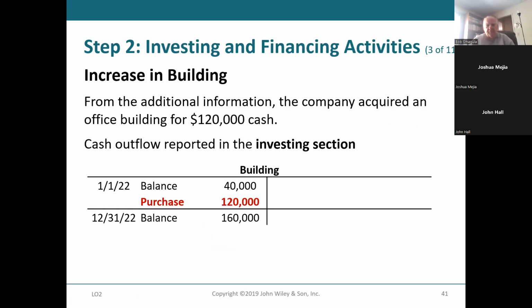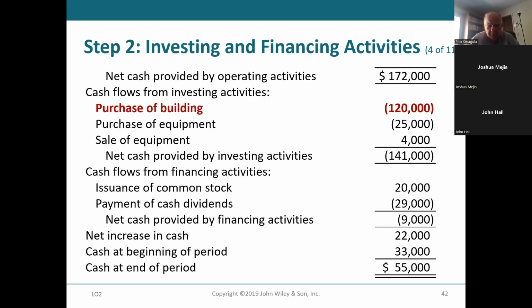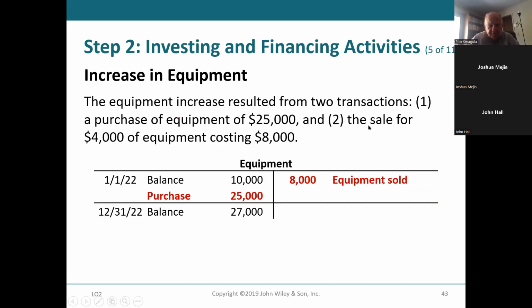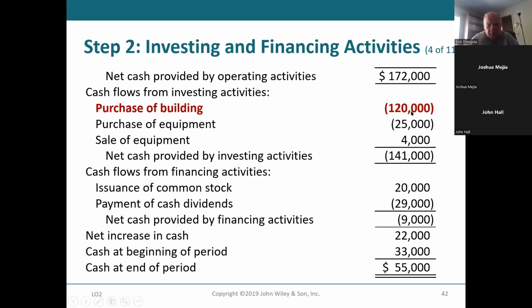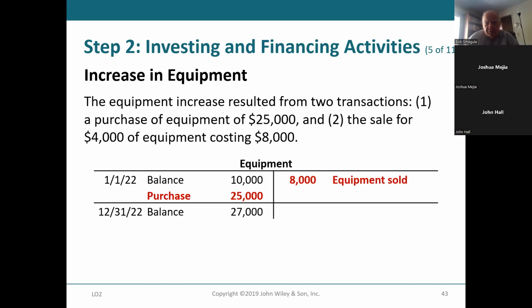From the additional information, the company acquired an office building. We're just going to pluck that 120 right out of the general ledger. There's the 120. Cash flow is negative. The equipment increase resulted from two transactions.